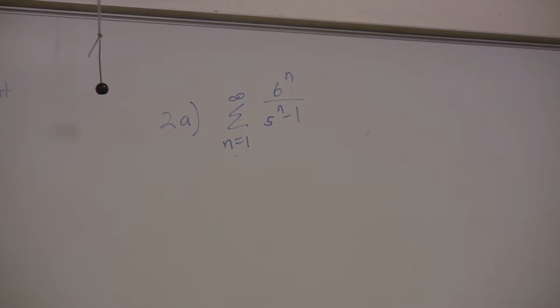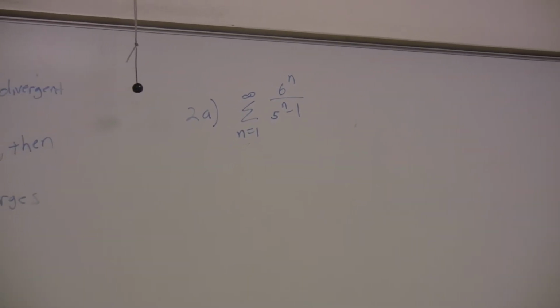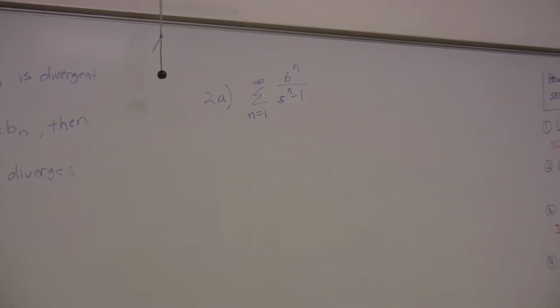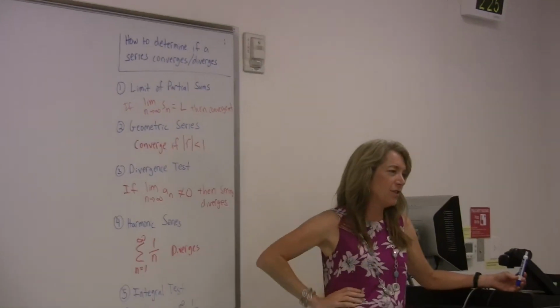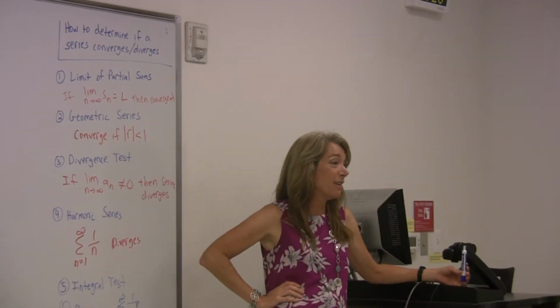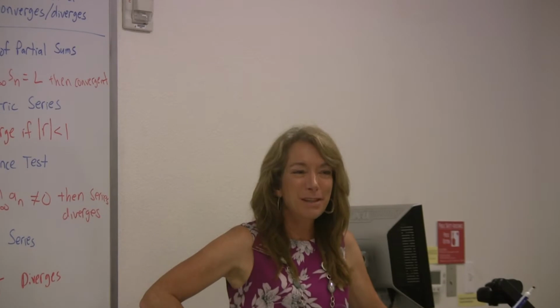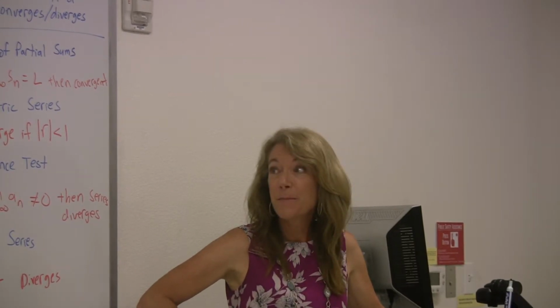We could do the divergence test. I'm glad you recognize that. We could do the divergence test. Turns out it won't be 0. But let's say we forgot the divergence test just for the moment, because we're practicing the comparison test. Divergence test would have worked here, though.